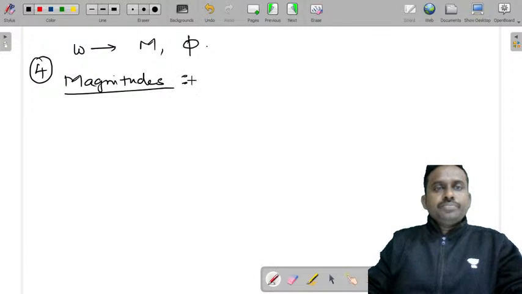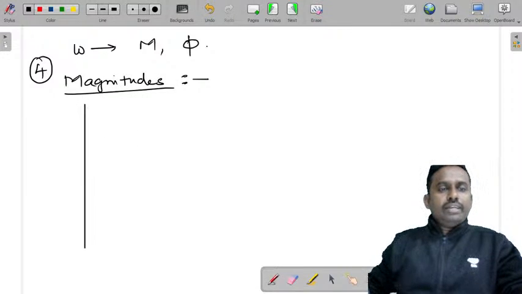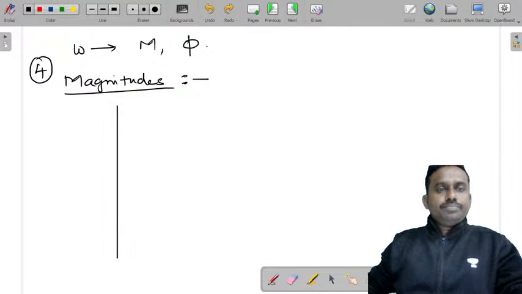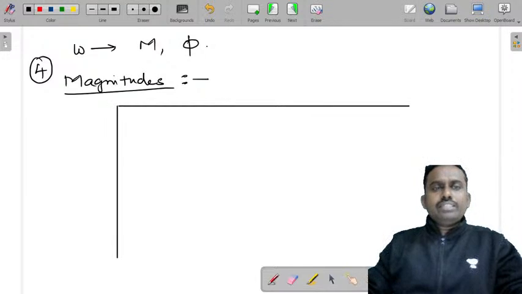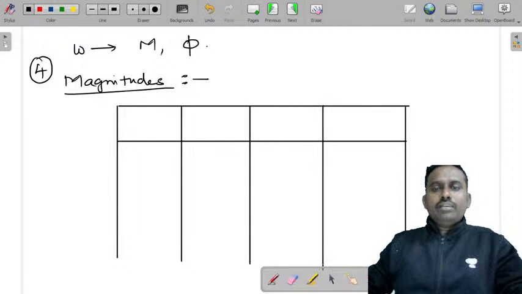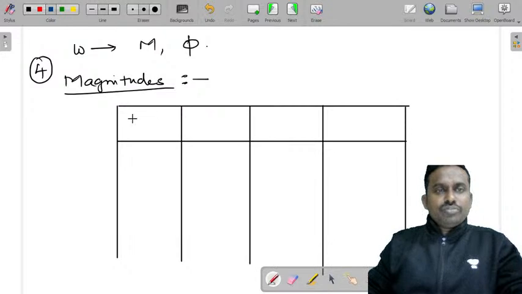magnitudes. To find these magnitudes you need one table, because Bode plot is a straight line approximation. You need to construct a table like this, and I'll tell you what things you need to incorporate in this. First is the term, second is the corner frequency, third is the slope and change of slope.